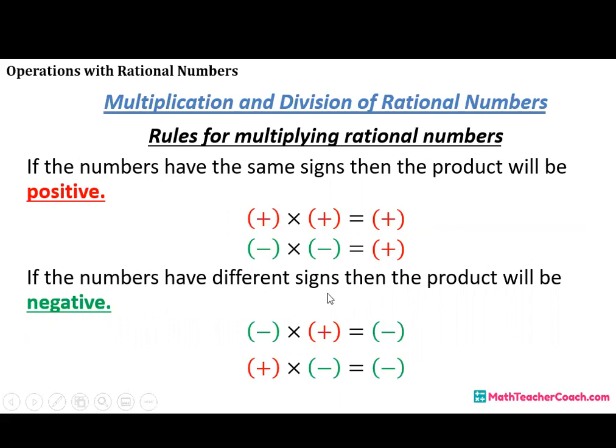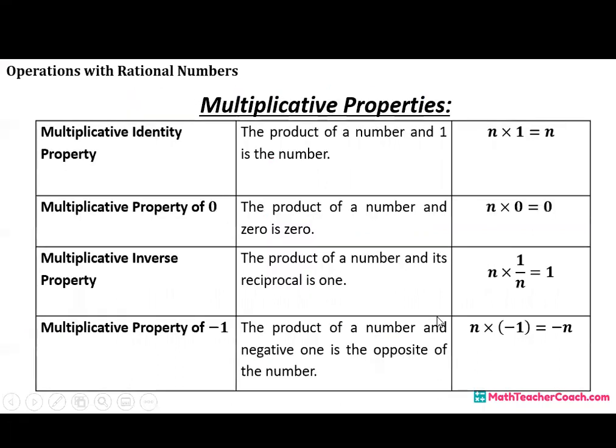If the numbers have different signs, then the product will be negative. Negative times positive will be negative. Positive times negative will be negative. Then again, same, so the answer will be positive. Different, so the answer will be negative.